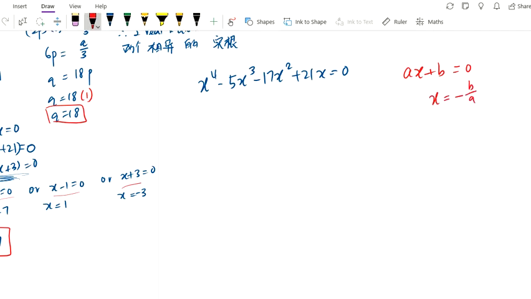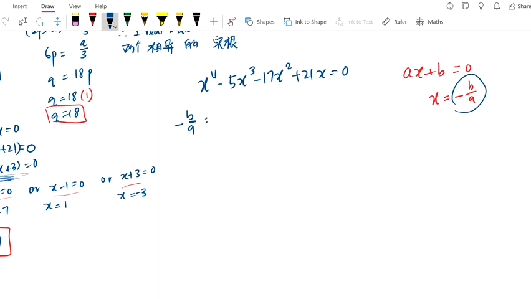We just need to find the possible value of negative b over a. Make sense? So I write here possible, or I directly write negative b over a.